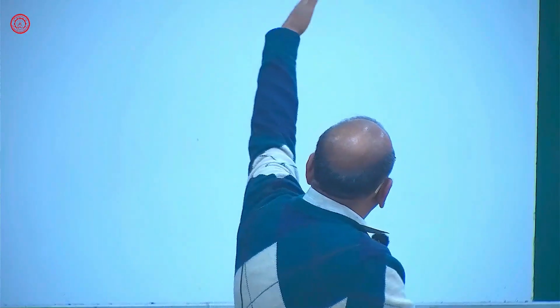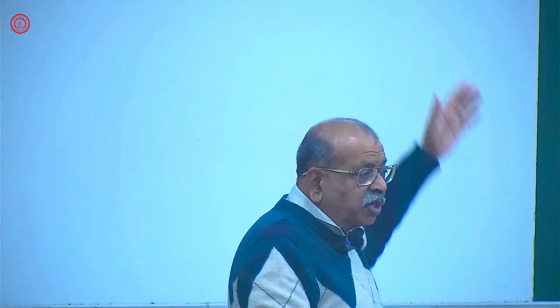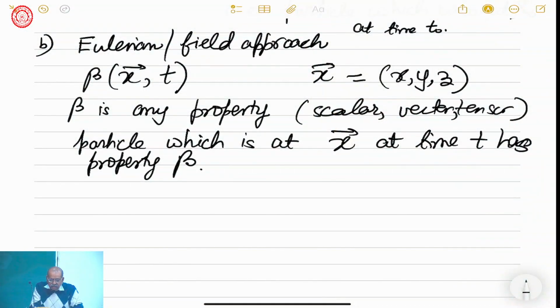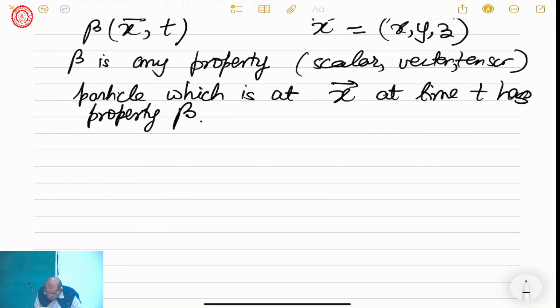So when I specify things like this, this becomes what I call a field approach, and the name given to this is Eulerian, based on Euler, who was probably the first person who talked of this approach. And the two approaches are related.